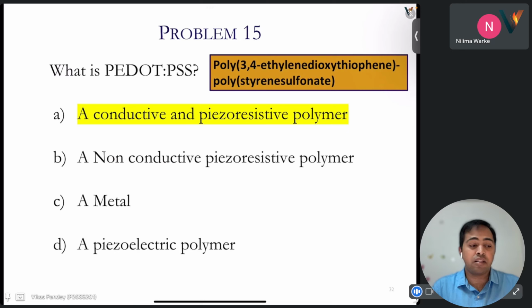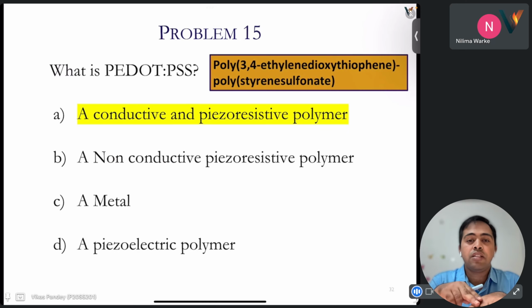It is a conductive and piezoresistive polymer. This is the one that is used to form the cantilever kind of structure. Since it is piezoresistive, it will have an effect with stress. If it is pressed or stretched, there will be some change in resistance, right? And it is conductive as well.